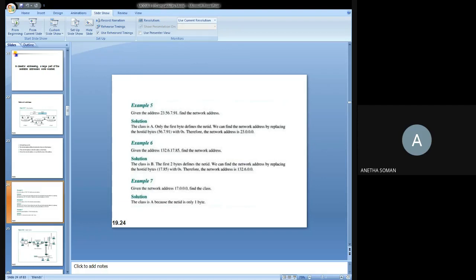Also, I told about the network address. Network address is nothing but the combination of net ID and host ID, with all host ID bits made 0. So the network address will always be the first address of each block.